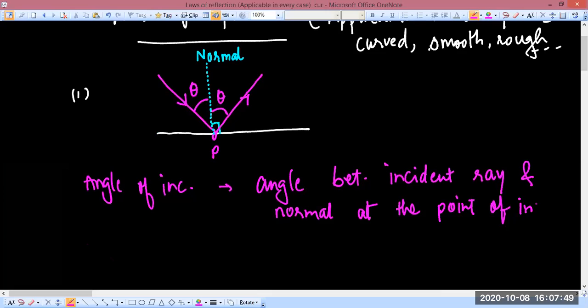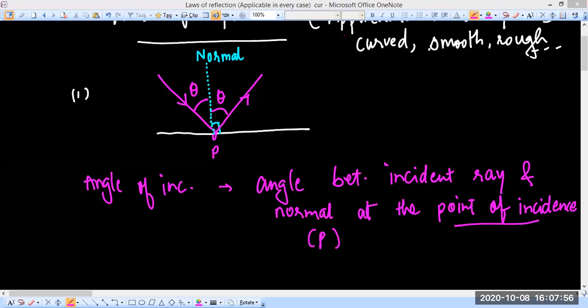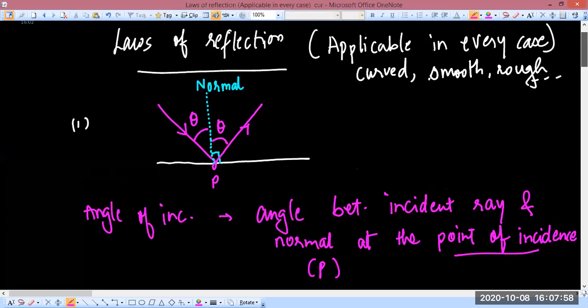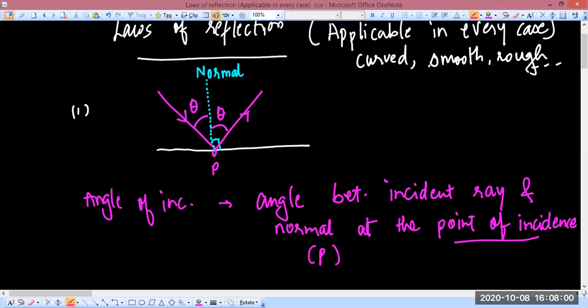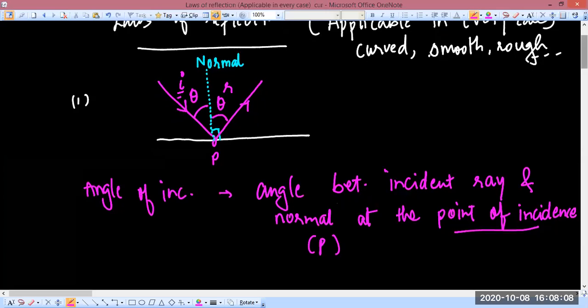This is important: draw the normal at the point of incidence, that is at P. That is the angle of incidence, theta I. And similarly this is R, the angle of reflection.